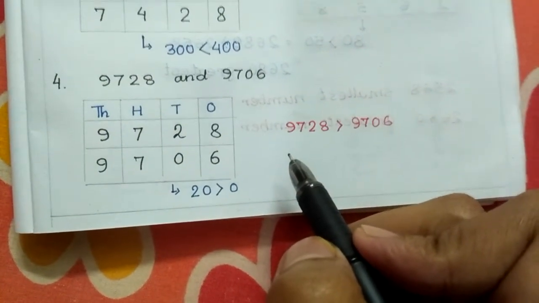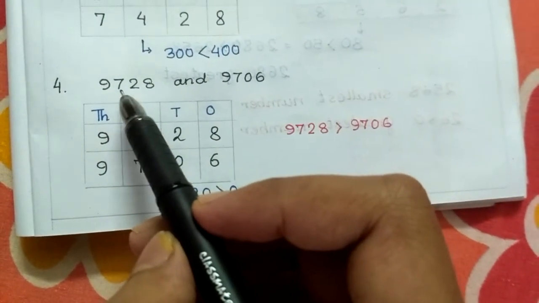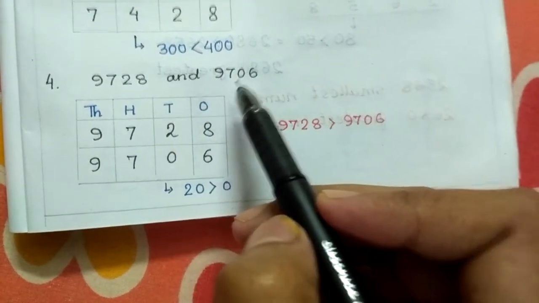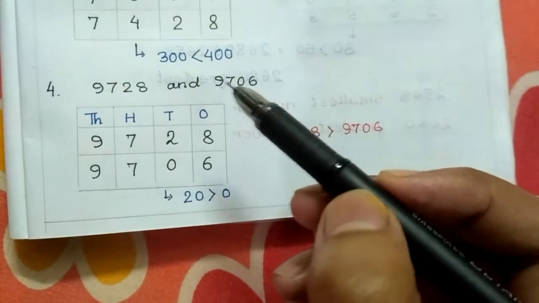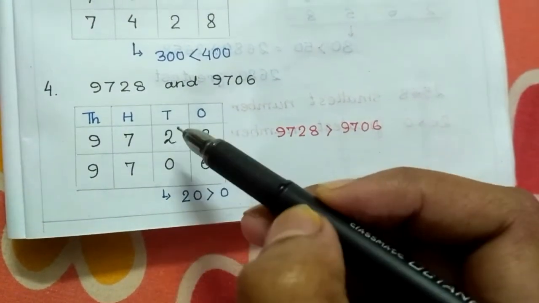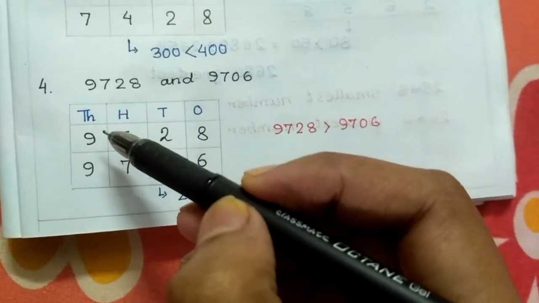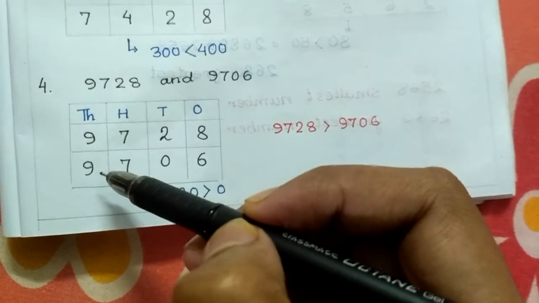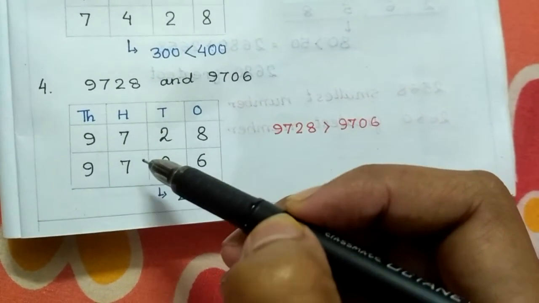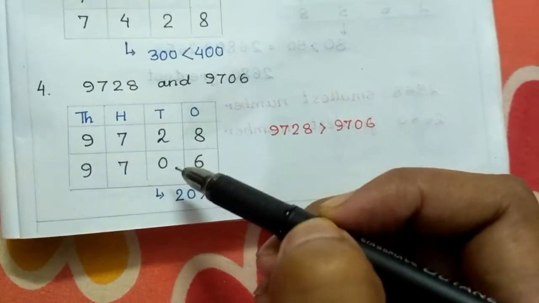Next, example number 4. We have seen that there is 9728 and 9706. So as usual I have put this number in the thousand, hundred, tens and ones. If we consider the thousands segment, both are 9, so we have to move on to the hundreds segment, number 7 and 7, they're the same. So next segment, tens segment, there is 2 and there is 0.